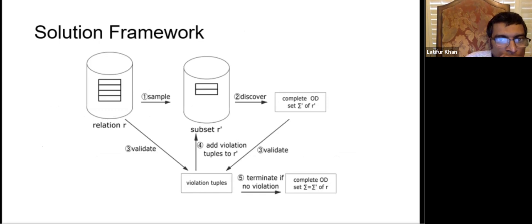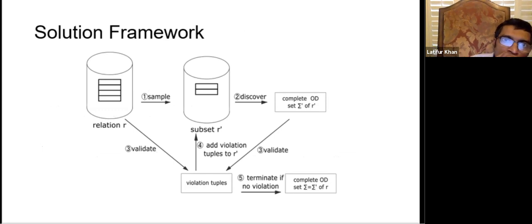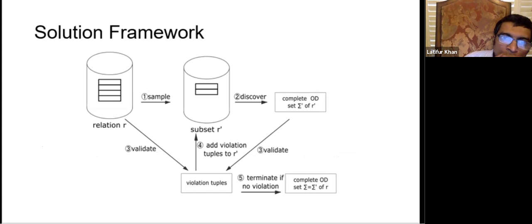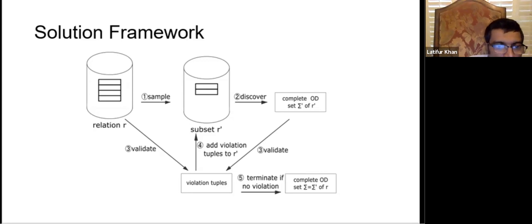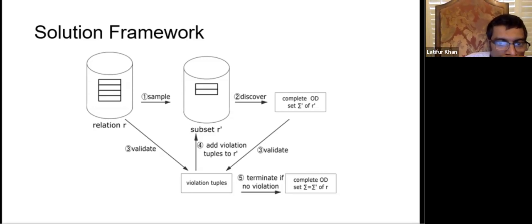Now, I will present the framework of our solution called FindOD. The main idea of our solution is to decouple the number of attributes from the number of tuples. FindOD takes a relation R as input and discovers a complete OD set, sigma, of minimal and valid ODs of R. The first step of the solution is to sample.